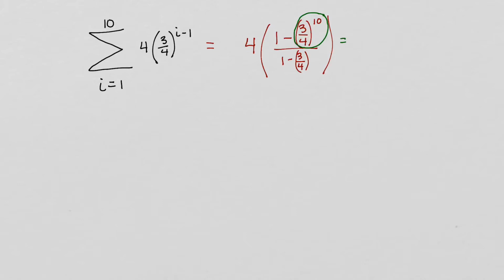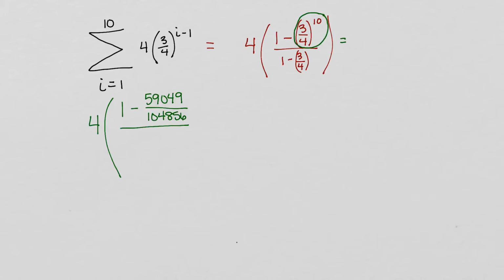Okay, so I'm going to still have that 4 on the outside, still have 1, but that fraction turns into 59,049. That's what 3 to the 10th power is, over 4 to the 10th power, which is 104,856.